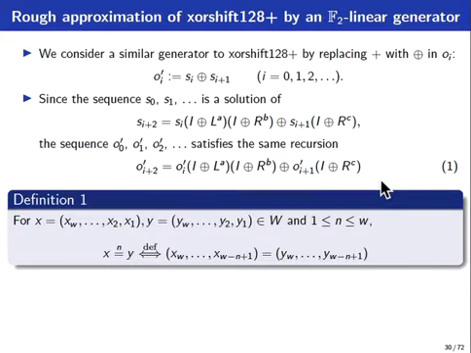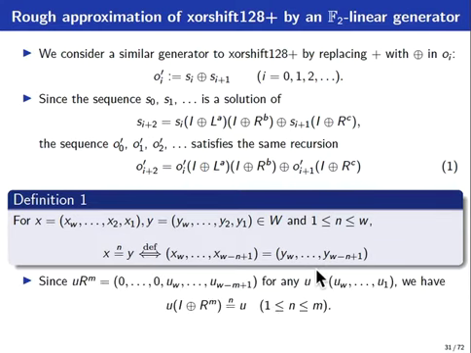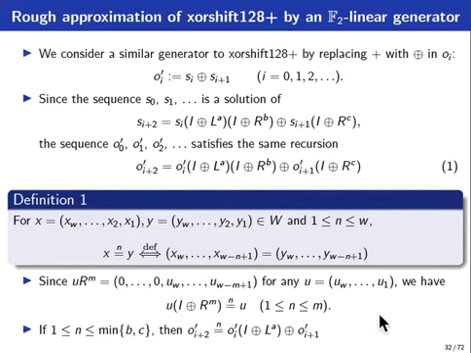Now, we focus only on the most significant n bits. For this, we introduce this notation. Then the effect of the right shift is annihilated as shown here, and the most significant n bits of O' satisfy a very simple recursion.